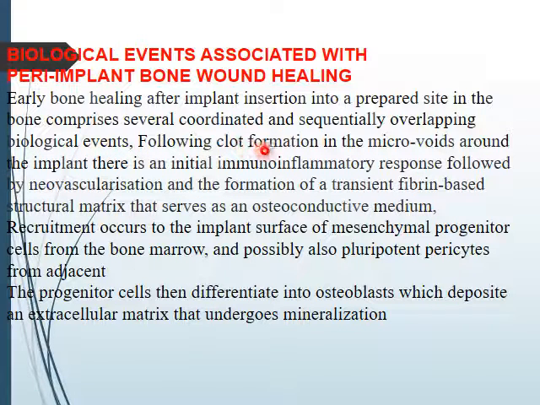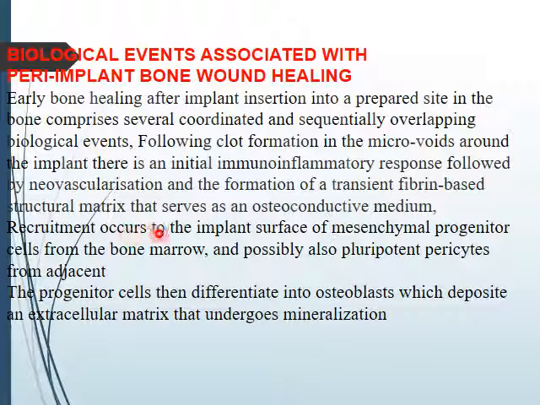Following clot formation, as we said, in the microvoids around the implant, there is an initial inflammatory response followed by new vascularization and the formation of a transient fibrin-based structural matrix that serves as the osteoconductive medium.